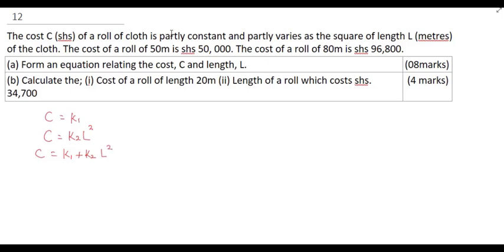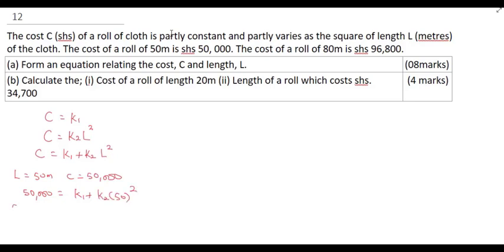Having established this, the question says at L equal to 50 meters, C is 50,000. So we are going to build the relationship for that equation, and that means 50,000 will be equal to K1 plus K2 all multiplied by 50 squared.